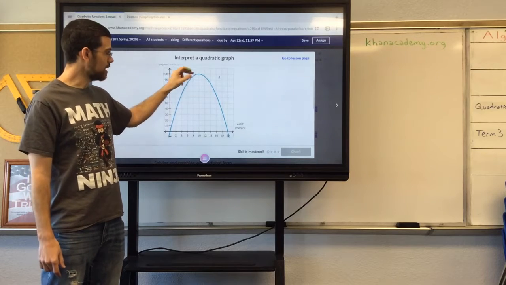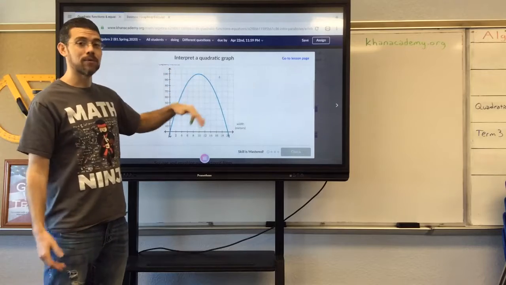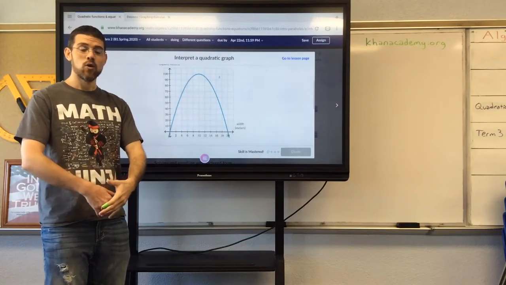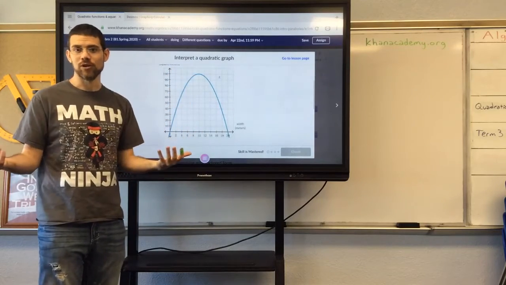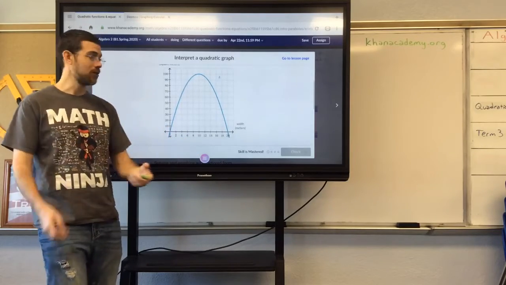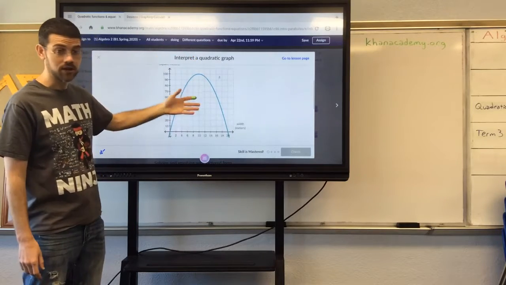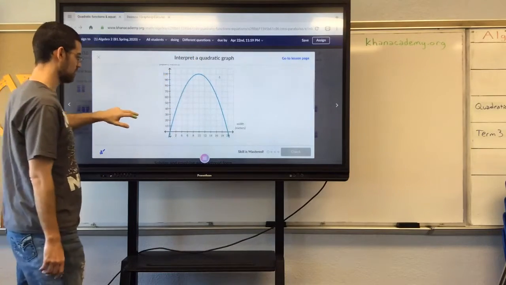At some point, if we do the right dimensions, we will get the best possible, or the most area, if that's what we say is the best. If we want to get the most area for the fencing material we have, that would happen when x is 10, in this case, in the function that they gave us.